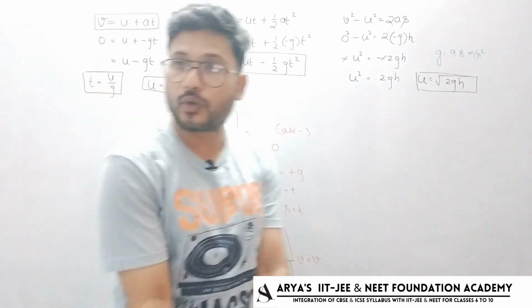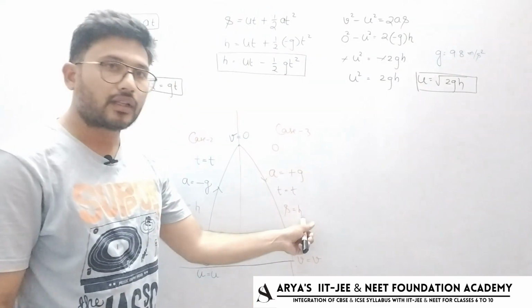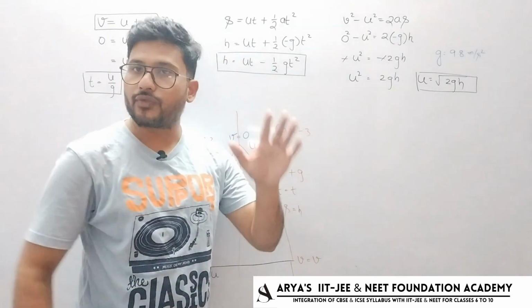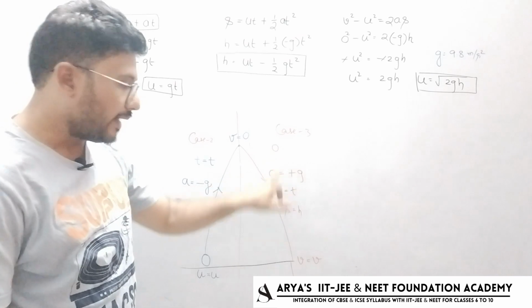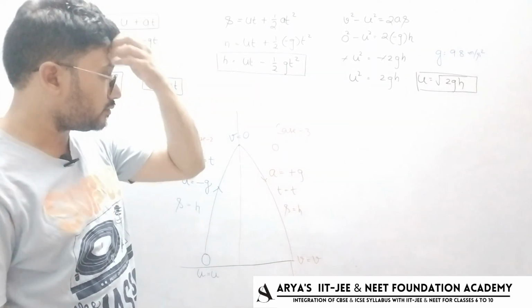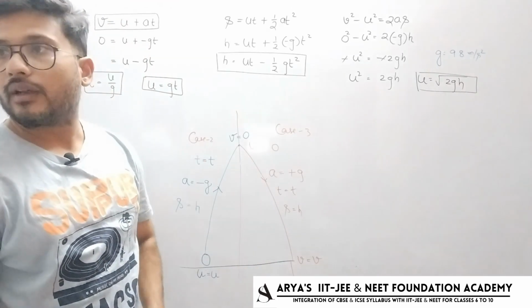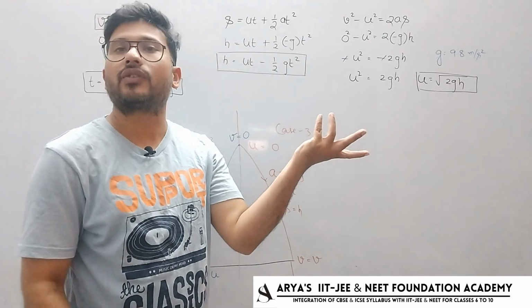From ground level, if you are going down, that is depth. Are you getting the point? So when the body is falling down, the u value is 0 and the v value is v. Why is u 0? Because its initial velocity is 0, no need to apply force.